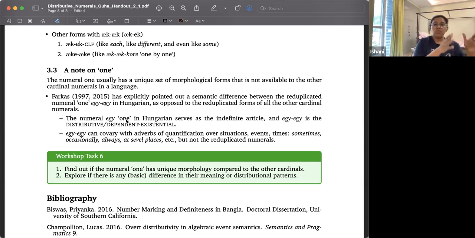One is the 1, 1 form, which is the distributive or dependent existential, and the other set is the one that we have been discussing throughout this class, the dependent numerals or the distributive numerals. Okay. So one of the things that you can explore further is the variation in morphology of one as opposed to the other numbers in language, and whether there are distributional or meaning differences tracked by the variation in morphology.